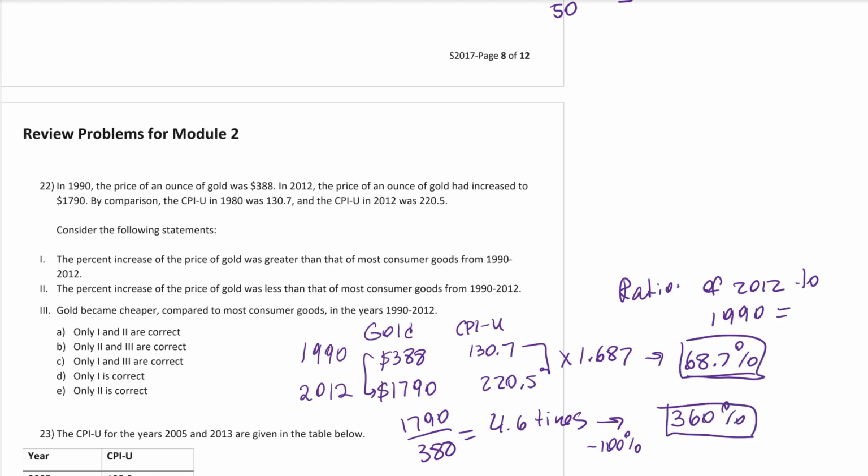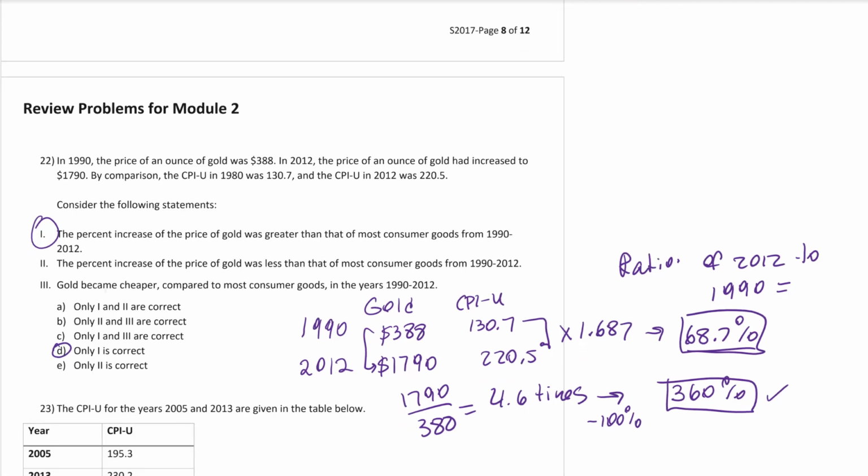Again, those numbers you can calculate on your own by subtracting and dividing by the past. Either way, the gold has a much higher increase in its price, 4.6 times, than the CPIU. And now looking at the answers, statement 1 is true. The price of gold was greater than the CPI, and then gold became cheaper. That's not true. So yeah, only one is correct. So that gives us the choice D.